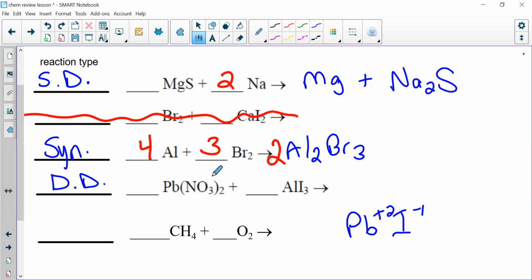And C is going to go with B. So what's my second compound? Aluminum is going to bond with nitrate. So I'm remembering swap and drop. If it's lead 2 with iodine, this is going to be PbI2, doing swap and drop. PbI2 plus AlNO3.